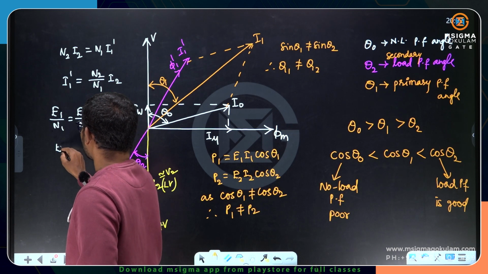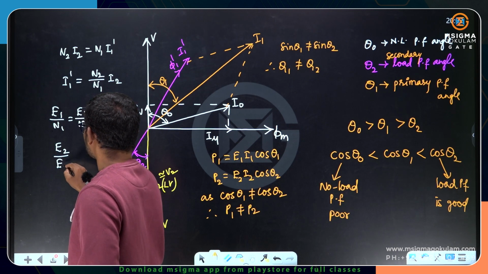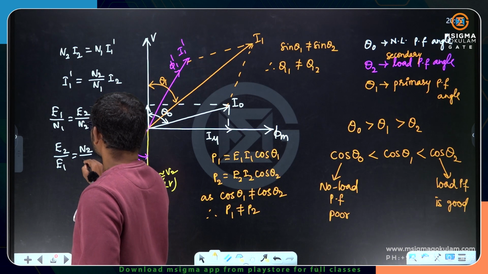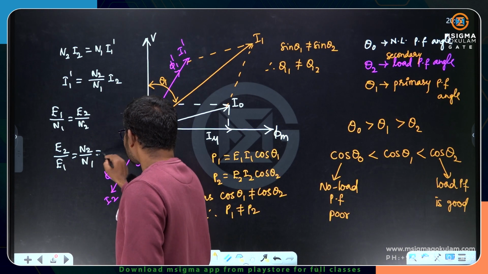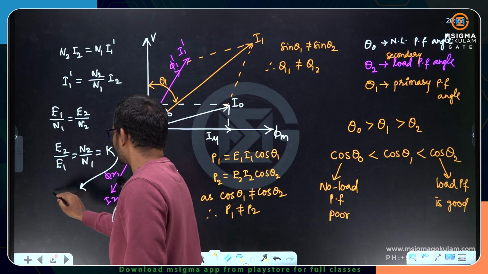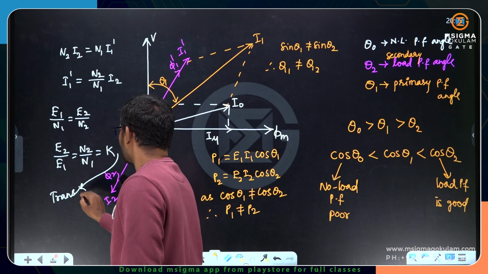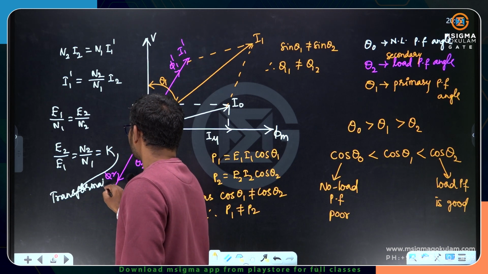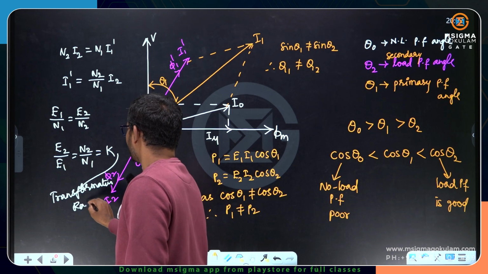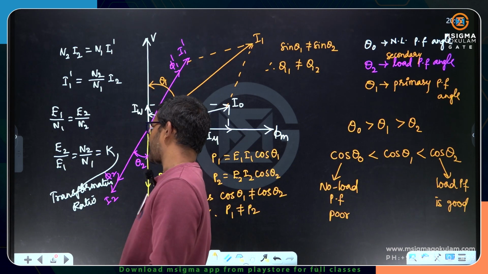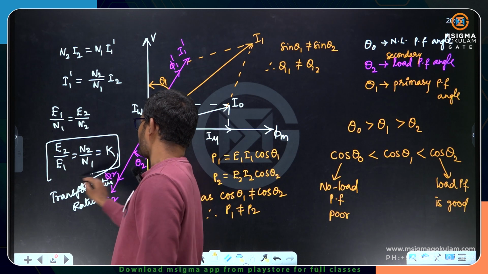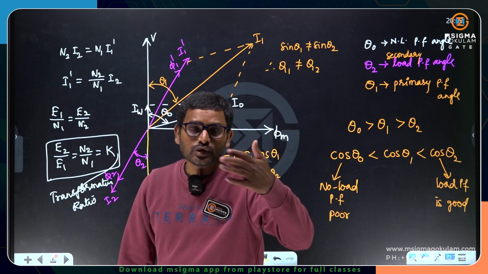From this we can write E2 by E1 is equal to N2 by N1. We call this the transformation ratio, K. Some textbooks represent it with A, some with K. No issues.